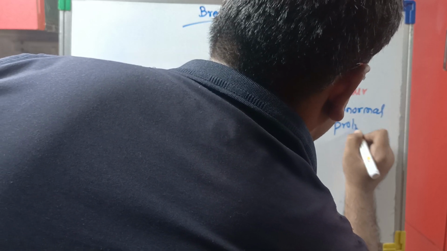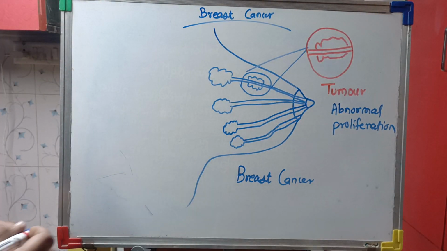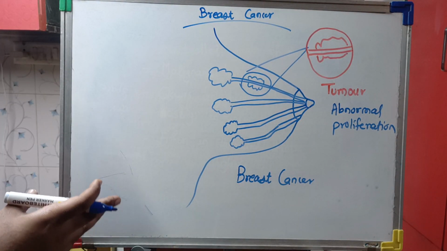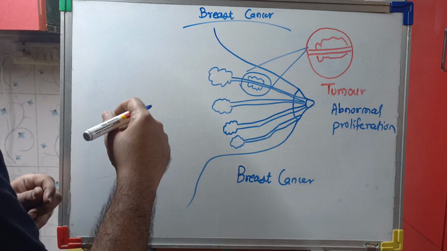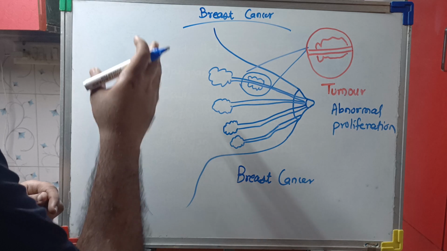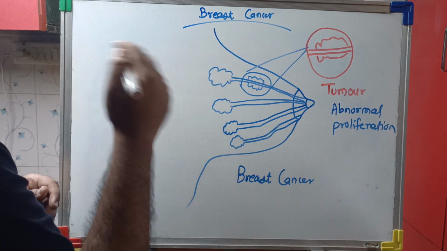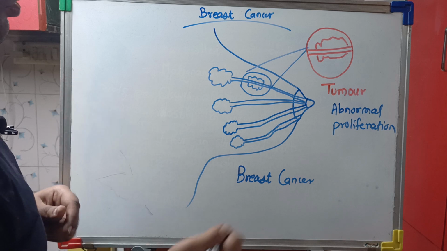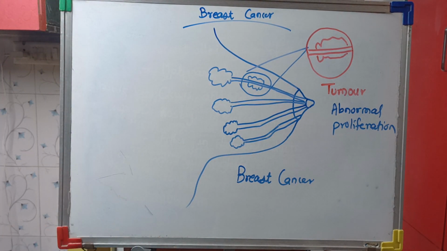It eventually turns into a tumor, and these are malignant in nature, so it spreads to other parts of the body, such as lymph nodes and other places. It spreads through the blood vessels to other parts of the body. So this is the diagram of the breast.